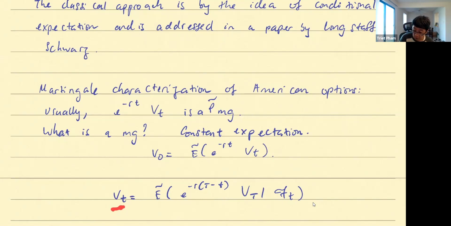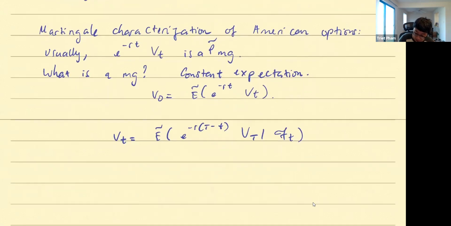From the point of view of time little t, looking into the future value and discounting back to time little t will give the same value. Why? Because if you buy at this price, in the future you will get that price. So that's that. Anyway, great. So let's now revisit our American option.